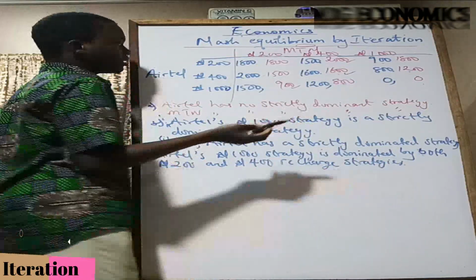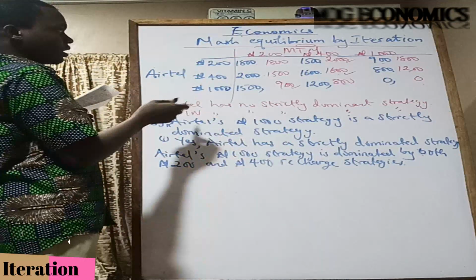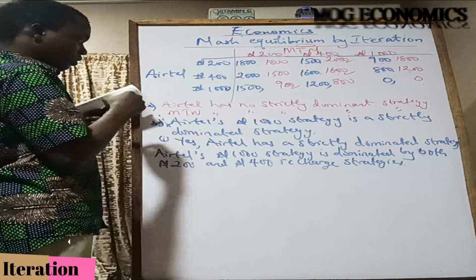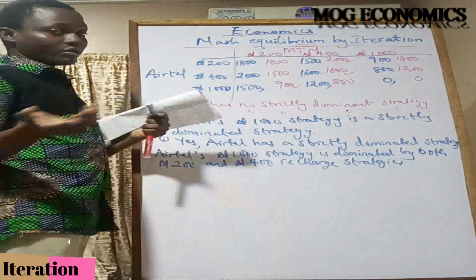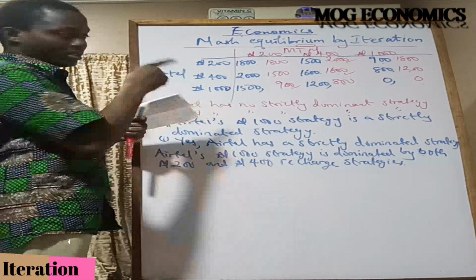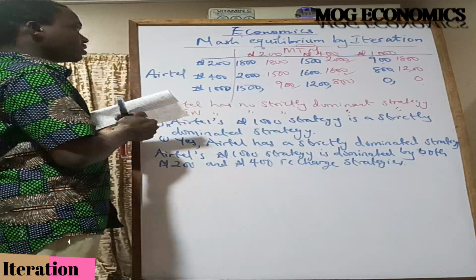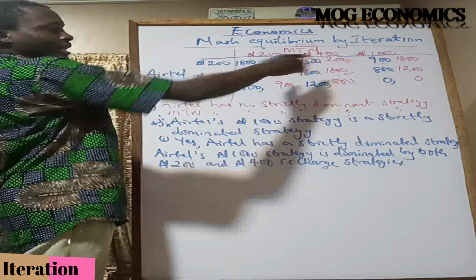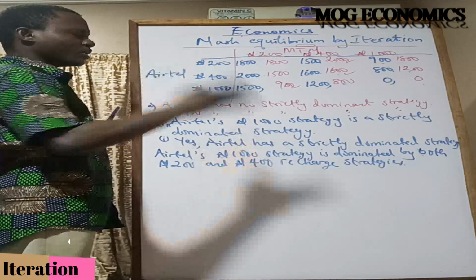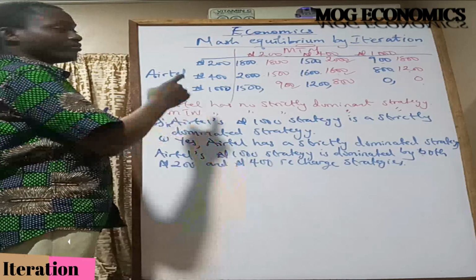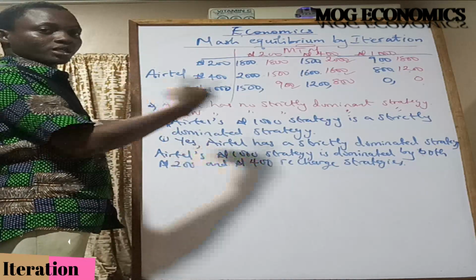So in this case, MTN doesn't have a strictly dominant strategy. We've said that before, but there is a strictly dominated strategy there, which is 1000 naira. It is completely dominated by the 400 naira recharge.